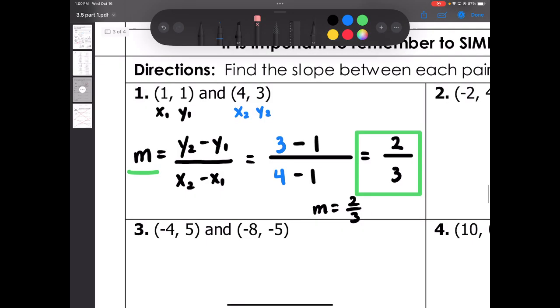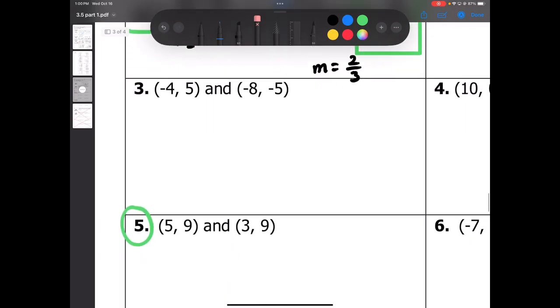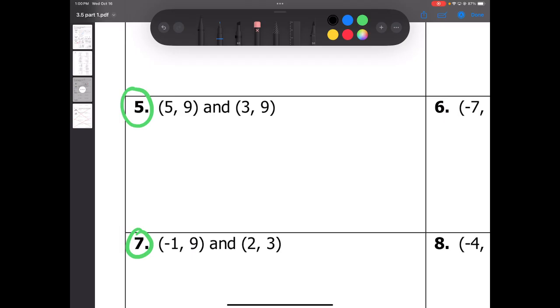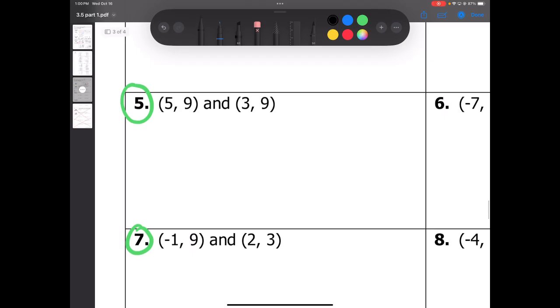Okay. Let's take a look at number 5. I'll do the same thing just to keep it like a good practice, right? Copy the formula again. And then I've got to go label them, right?